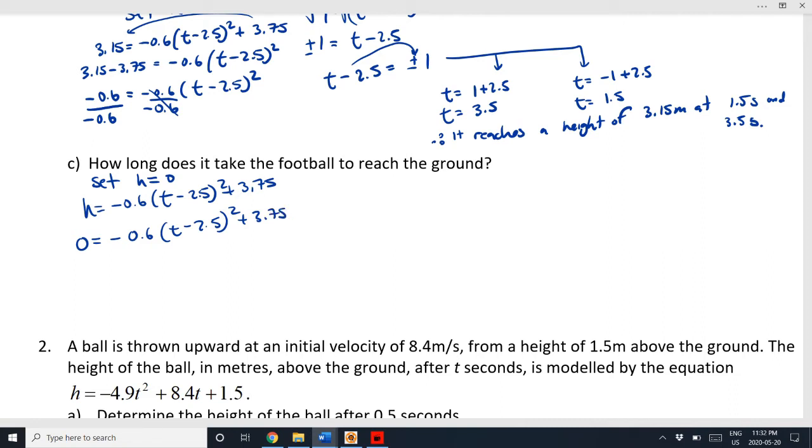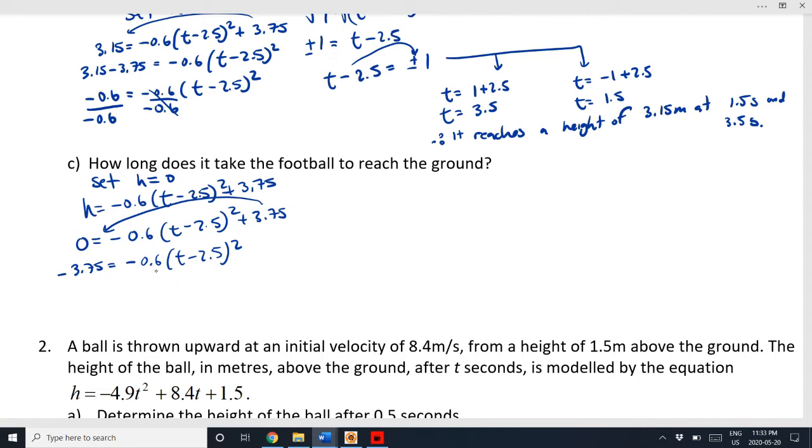Okay, and so the first thing we're going to do is move this over to the other side. So we're going to get negative 3.75 is equal to negative 0.6 bracket t minus 2.5 squared.